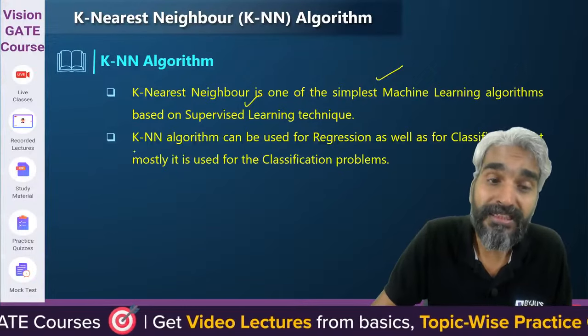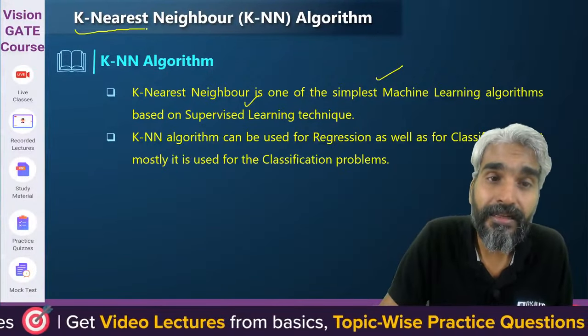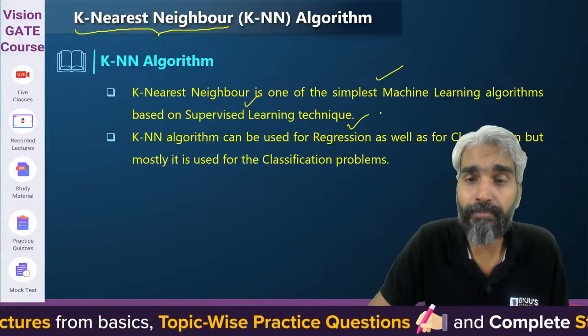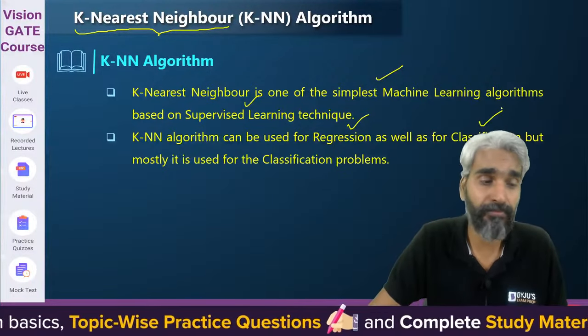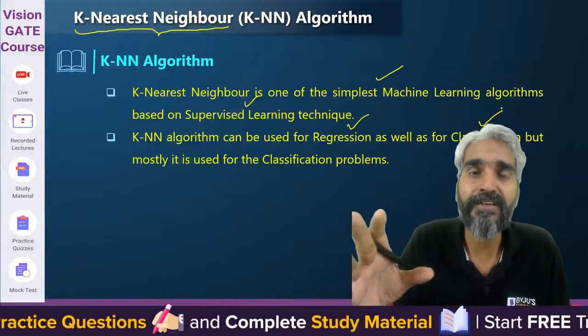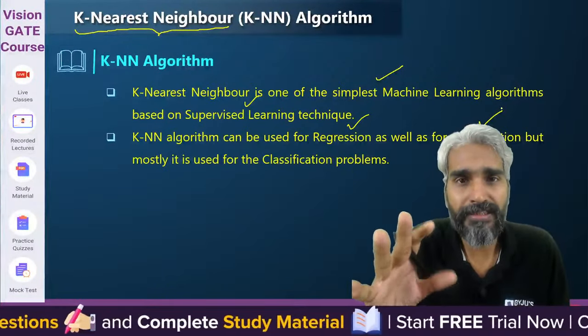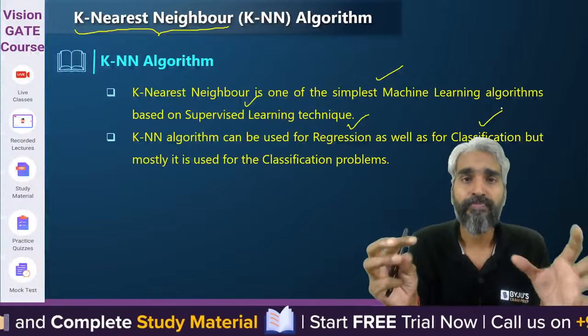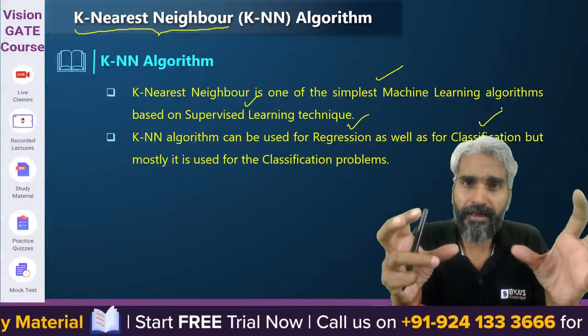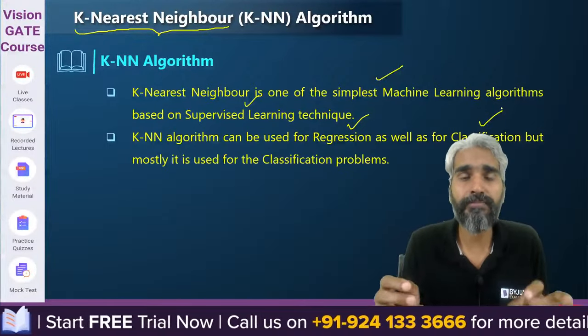Now, this K nearest neighbor algorithm can be used for regression problems as well as classification problems. We have already discussed the regression problem and the classification problem. What will happen in a classification problem? Given the input, you will try to classify your data into one of the possible outputs, right?